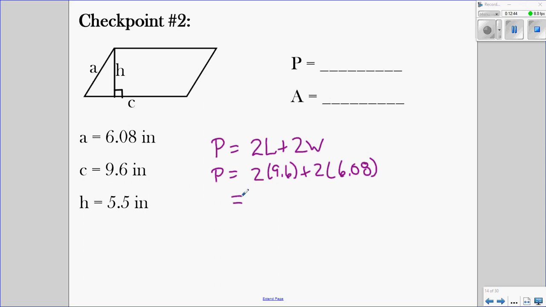So it'd be 2 times 9.6, which gives you 19.2, plus 2 times 6.08, which is 12.16. You add those two, and you get 31.36 inches.